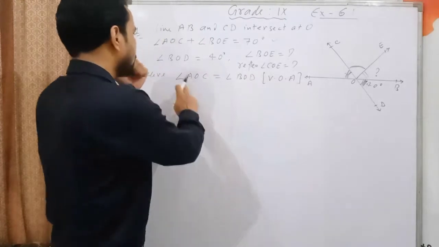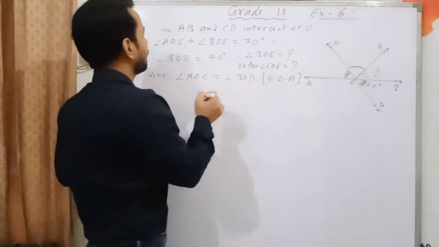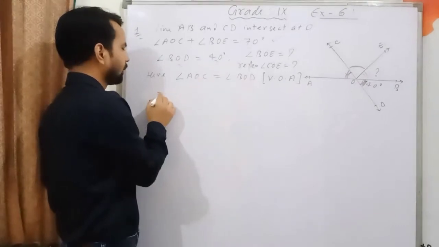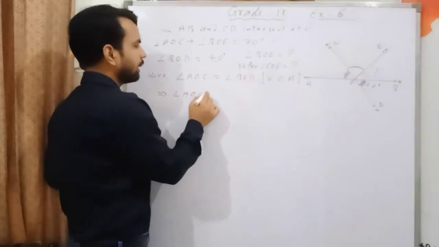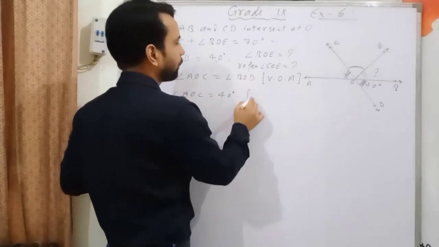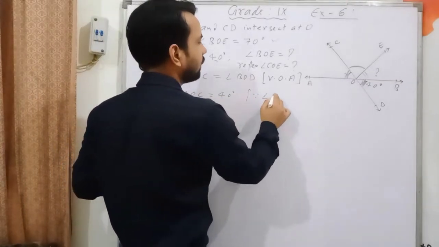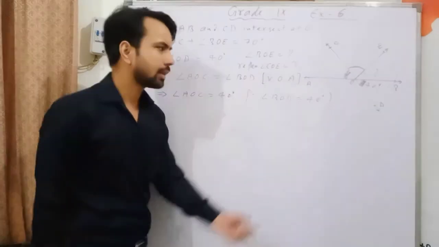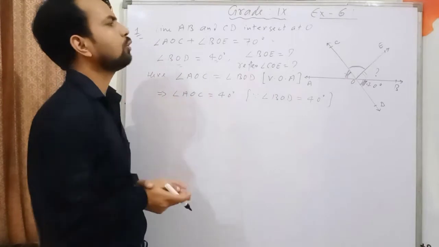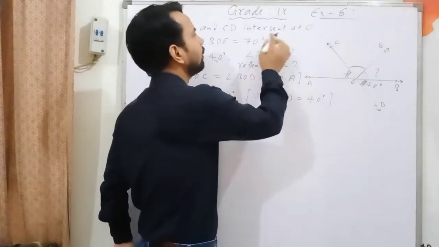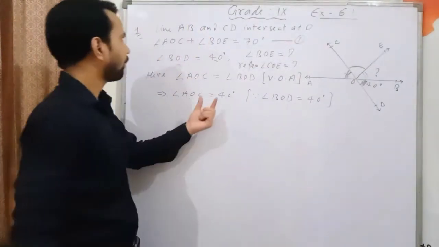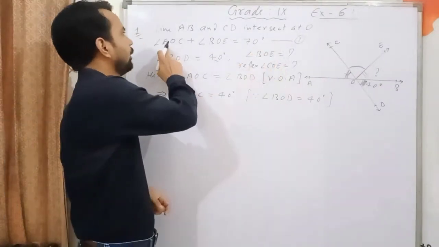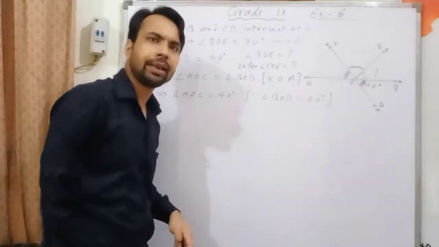Clear? So these two angles will be equal, but angle BOD is 40 degrees. So in place of BOD we can write 40. Then it implies that angle AOC equals 40 degrees. You have to write your reason, since angle BOD equals 40 degrees. Understood? Now we put the value of angle AOC in equation number 1, where it is given AOC plus BOE equals 70 degrees.